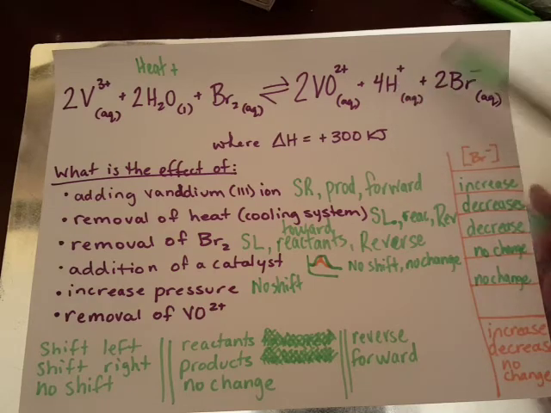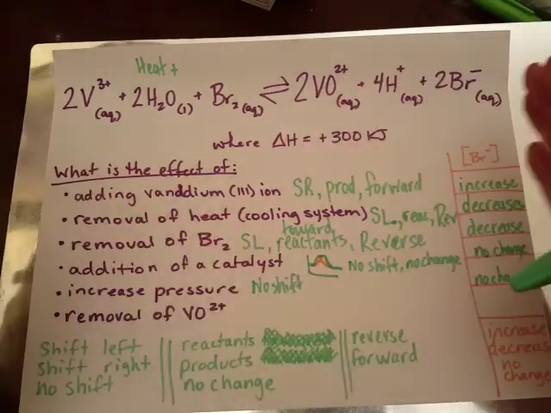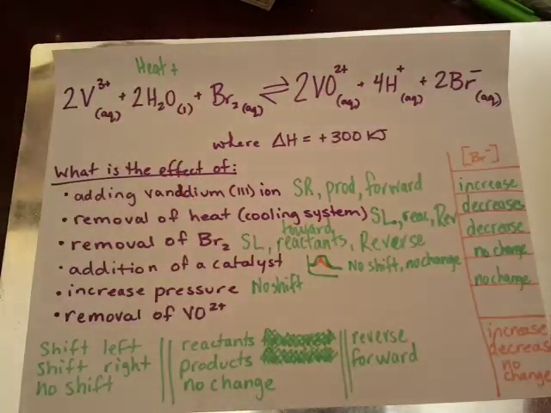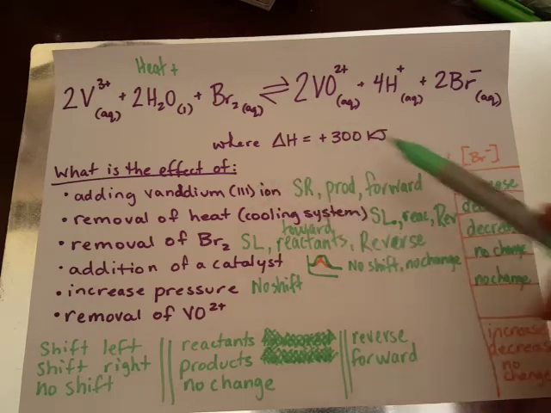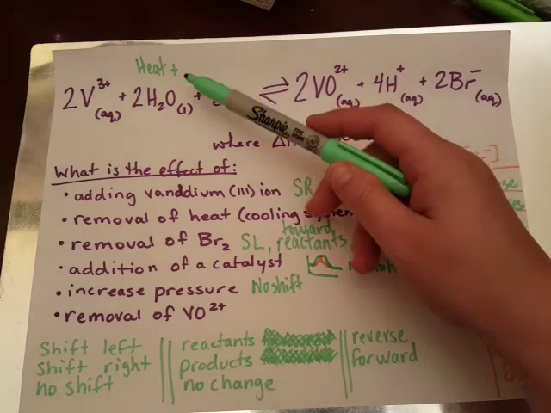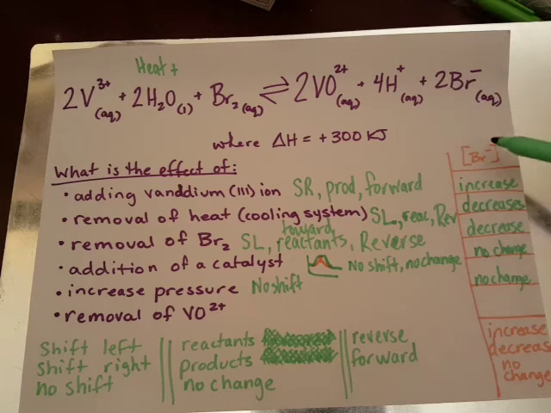If we're taking all of this and squeezing it down, we're increasing the pressure, which means we're decreasing the volume. Which side is going to be bumping up more often? Because the increase of pressure affects both equally. So we have 5 as reactants, 8 as products. We want to shift towards the side with the least number of moles.